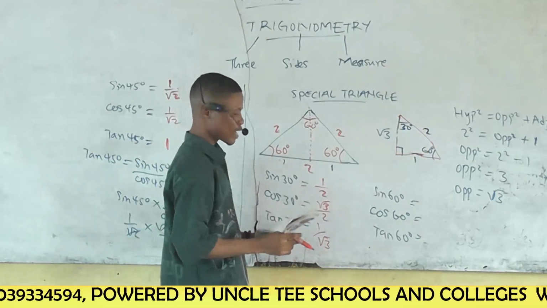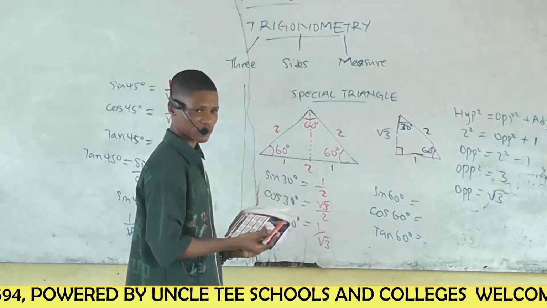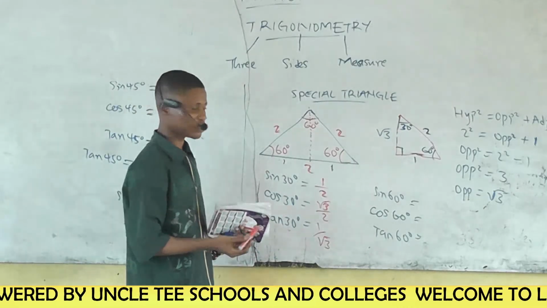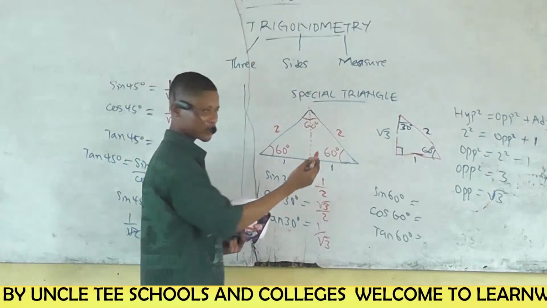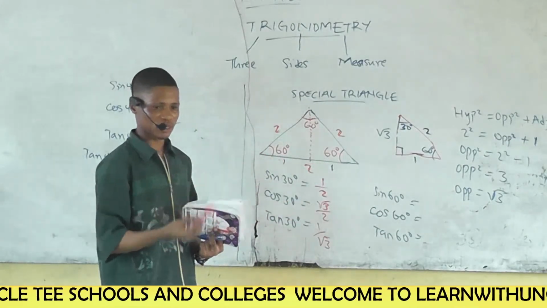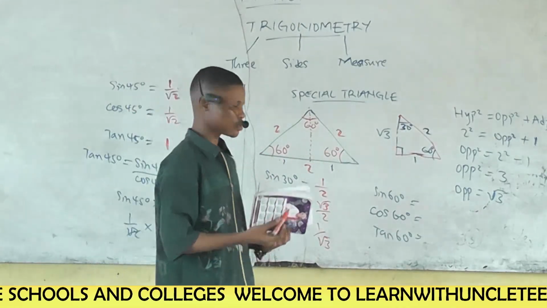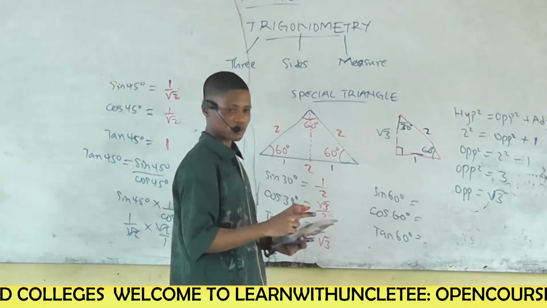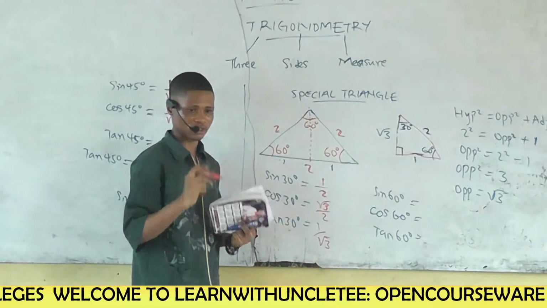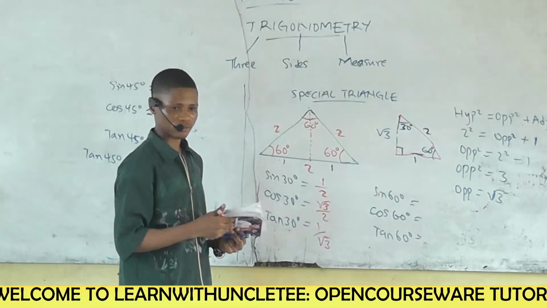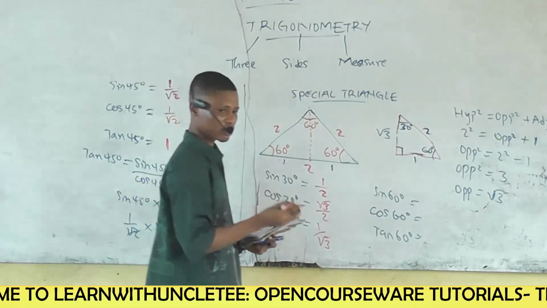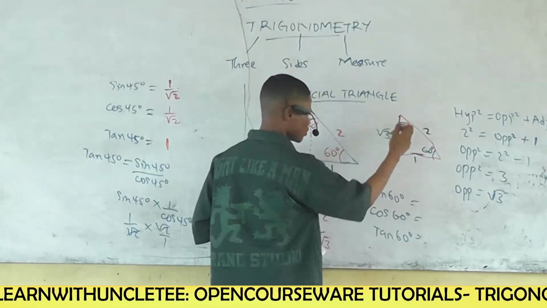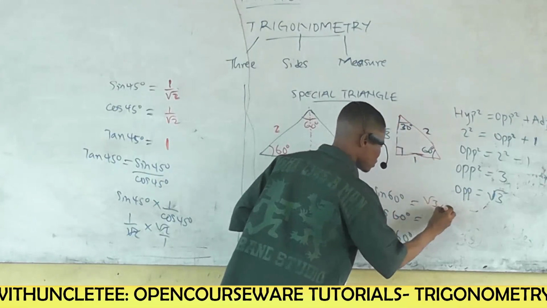So, for sine 60 degree, what will be the answer? You know that the side facing the required angle is the opposite. So that means this side is now the opposite. Now, sine 60 degree will be root 3 over 2.